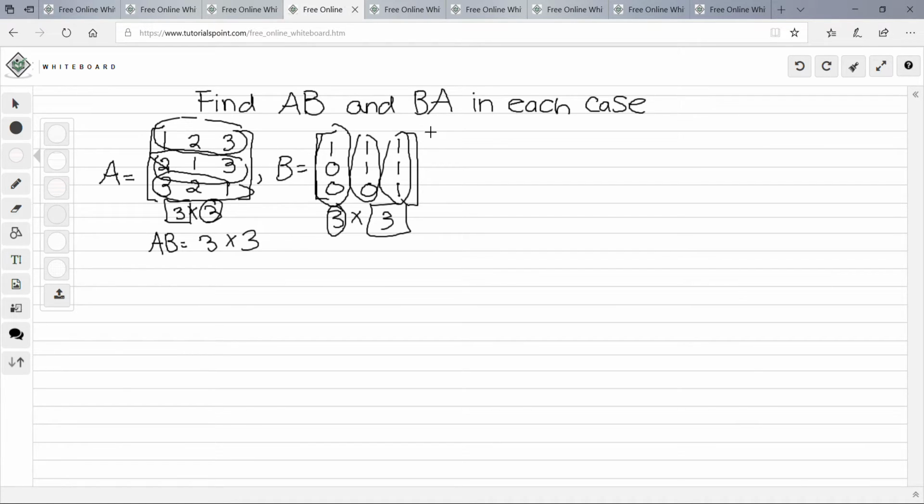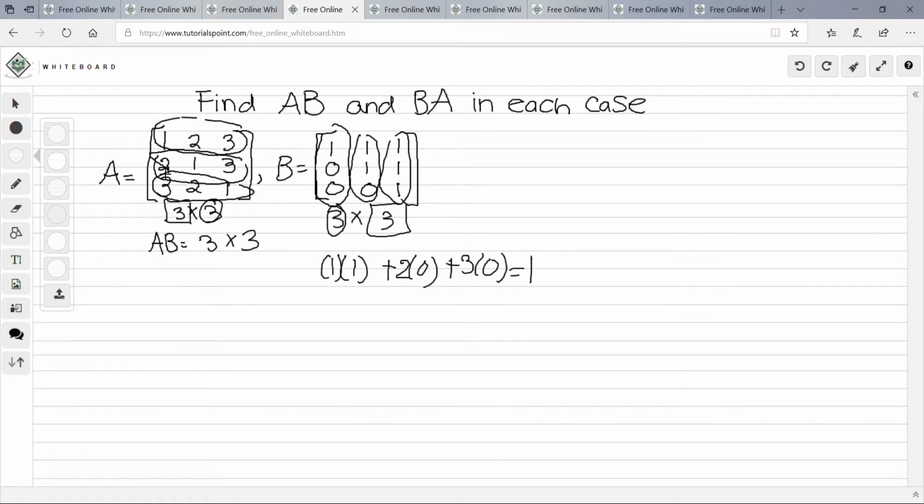So my first row, first number is going to be 1 times 1, right? So we're multiplying this row by this column, plus 2 times 0, and then 3 times 0. If you do all the work, you get positive 1.